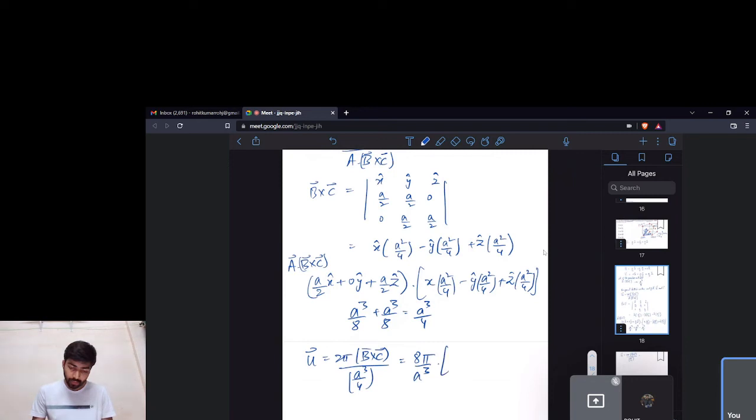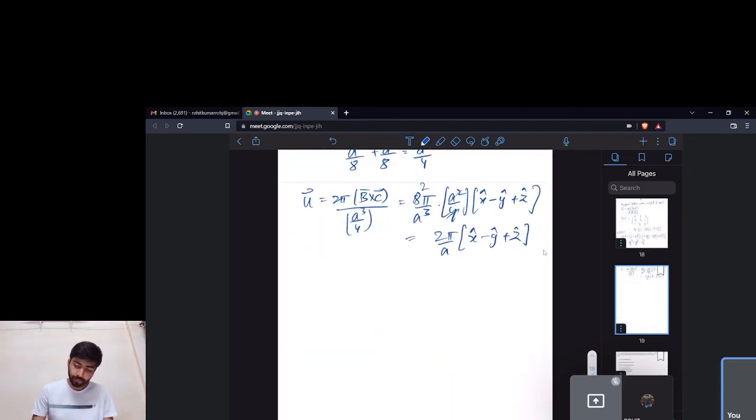B cross C we have in front of us, and the A squared by 4 factor comes out, x cap minus y cap plus z cap. Okay, so for U we have 2 pi by a times x minus y plus z here.